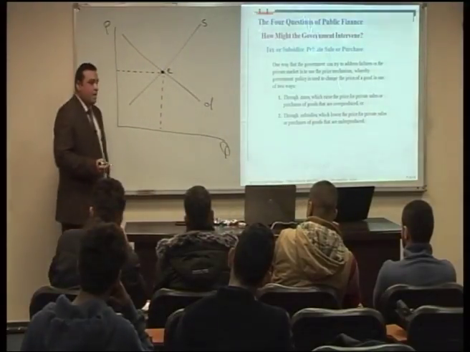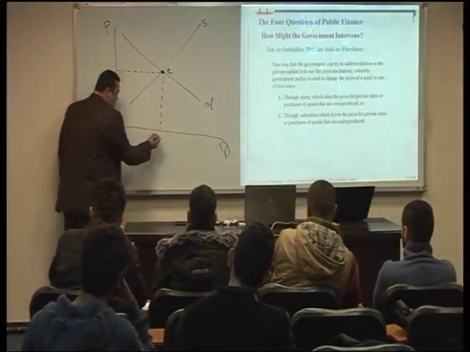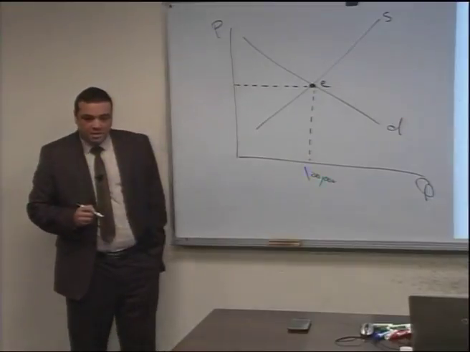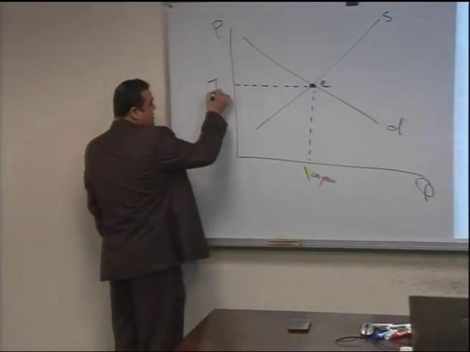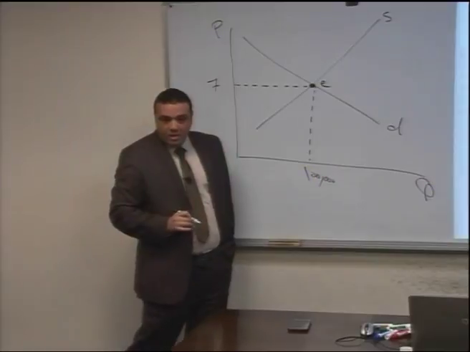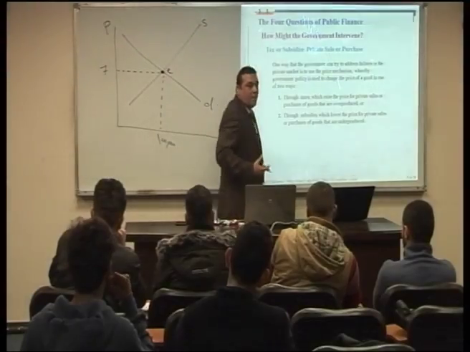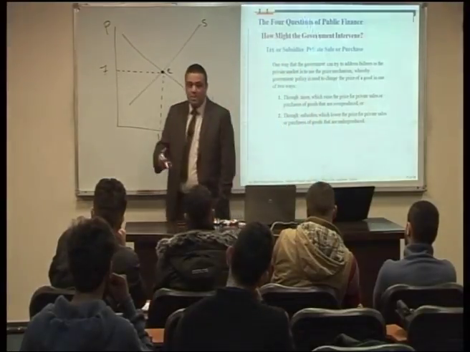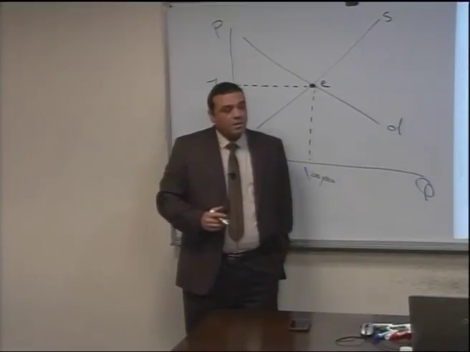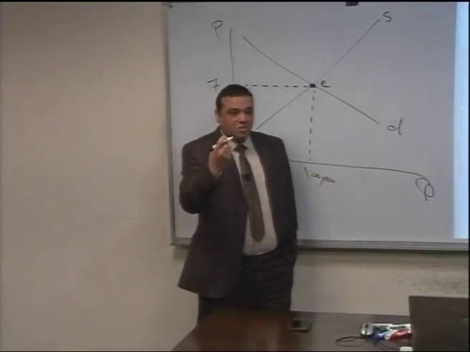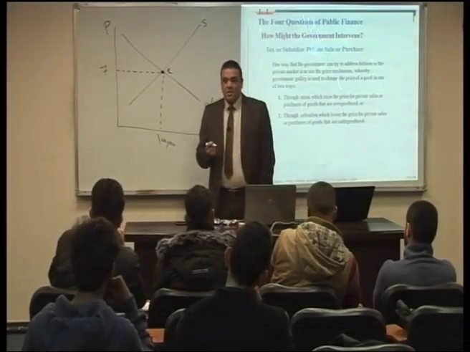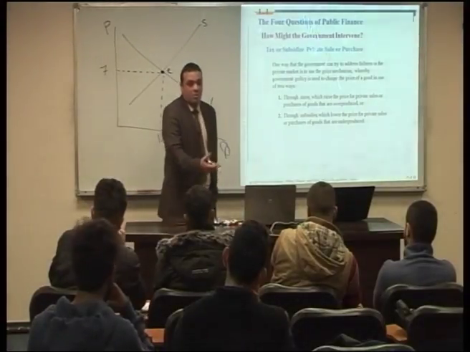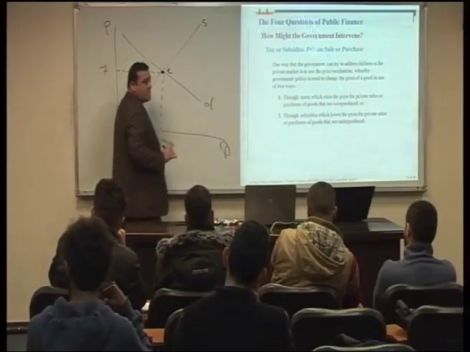Suppose that the country produces 100,000 units of cigarettes, and the price equals 7 shekels. Okay? As we have an overproduction of this good and this product creates some problems for the community, the government should intervene, maybe to decrease the quantity of cigarettes smoked, by imposing taxes.